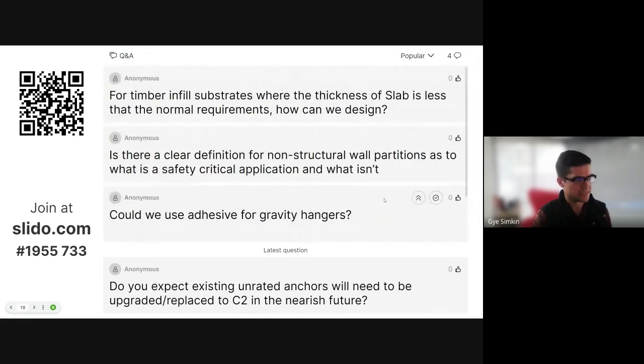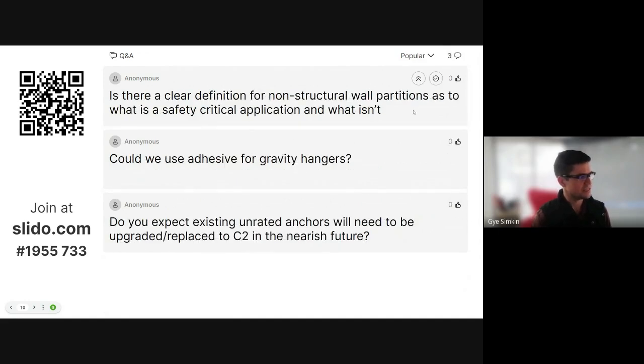I'll tick that one off. I won't lose these. What do we have here? For timber infill substrates where the thickness of slab is less than the normal requirements, how can we design? That is a great question that I do not have an answer to right now. So I will chat with our engineering team and we will get an answer to that one. Is there a clear definition of non-structural wall partitions as to what is a safety critical application and what isn't? That's a great question.